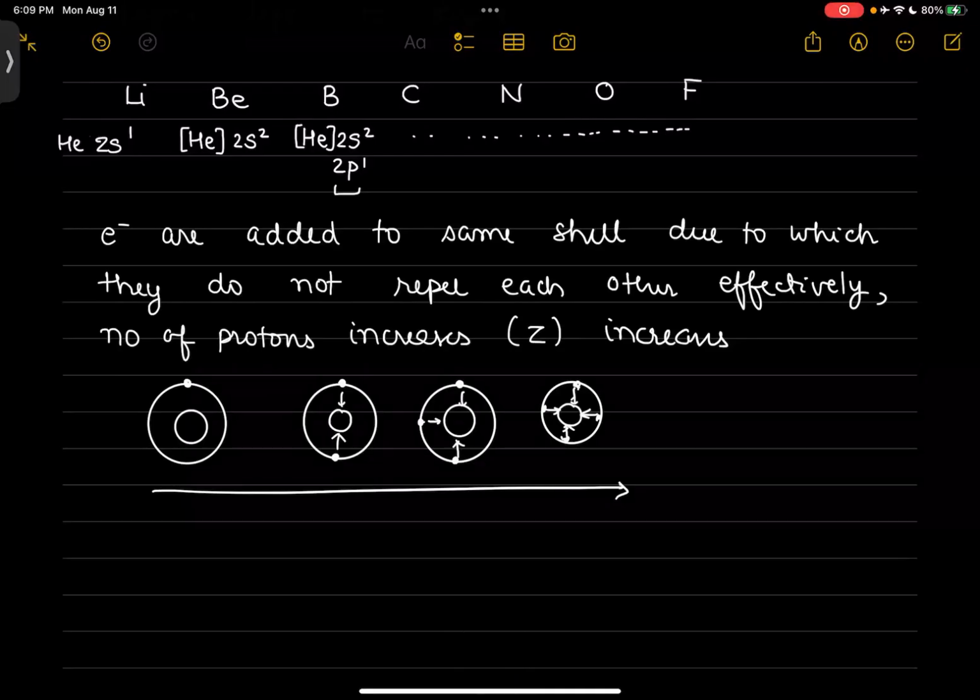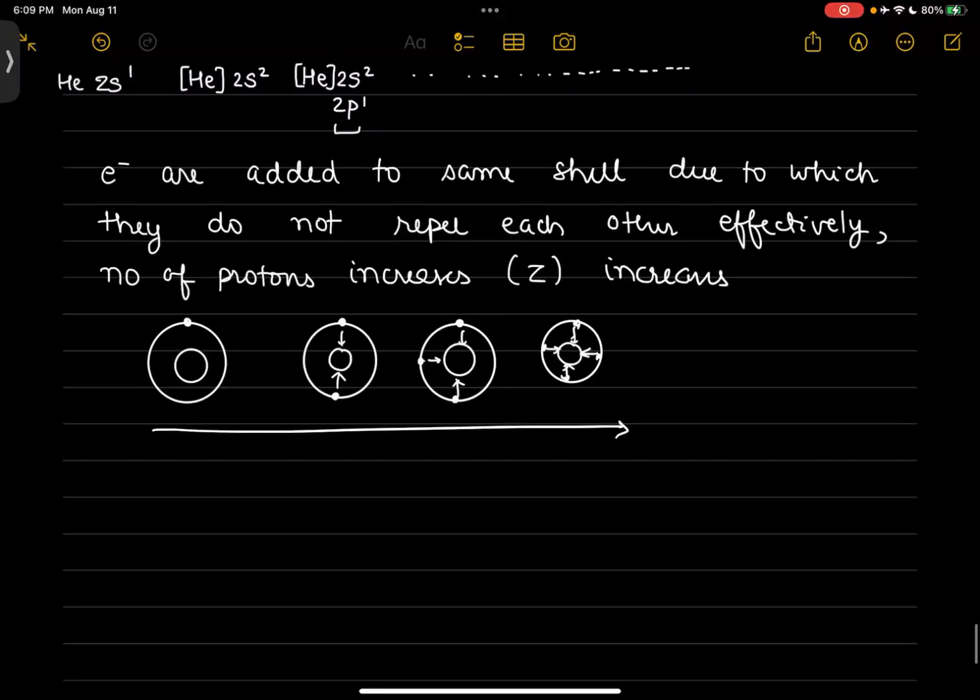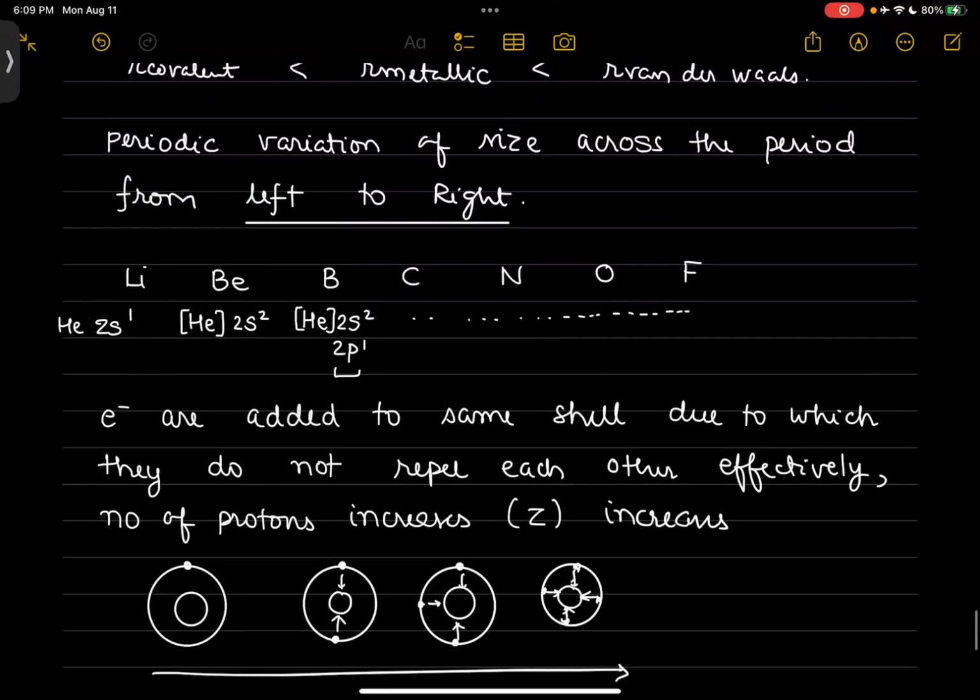No new shell is added; the shell remains second period, second shell, third period, third shell. If electrons are added to the same shell, the attractive force will increase, because more and more electrons are coming and more protons are coming, so the size decreases. What is the trend for the size?